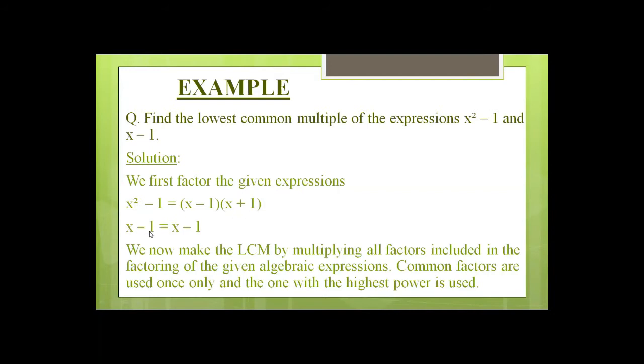The second expression is x minus 1, and no simplification is required in this because it is in very simplified form. There is no further factorization possible. Now identify the common factor. Here x minus 1 and x minus 1, both factors are common, so we will write the common factor once and then write the uncommon factor for the LCM.